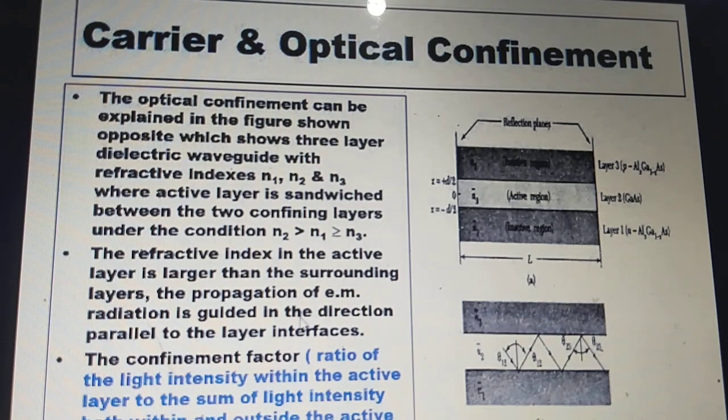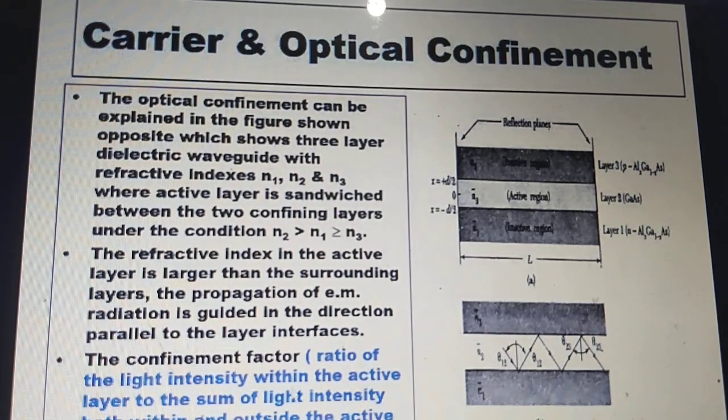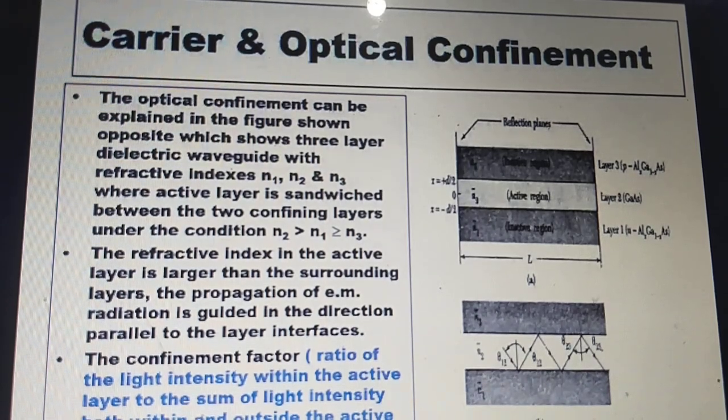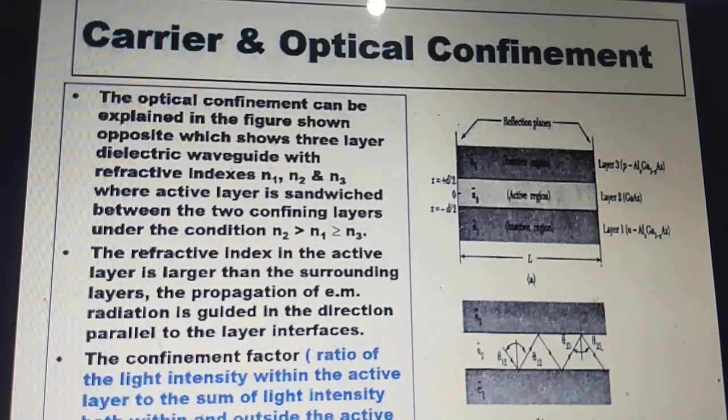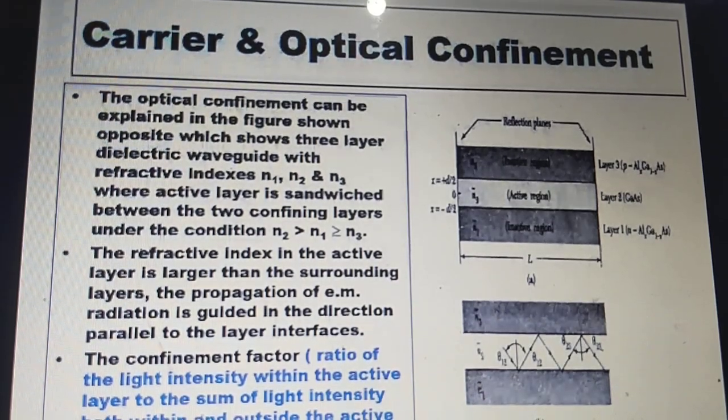Now the optical confinement factor, which is the ratio of the light intensity within the active layer to the sum of the light intensity within the active layer as well as outside the active layer. So this is the expression for the confinement factor. This depends upon delta n, which is the difference in the refractive index, and the thickness of the active layer.